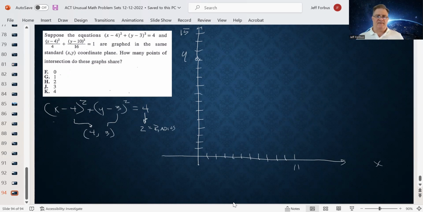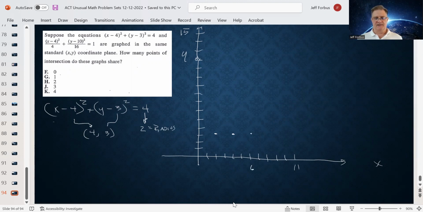Now we can graph our circle. So 4, 1, 2, 3, 4, and then go up 3. It'll be like right here. There's the center of the circle. You know the radius is 2. So we're over at 4, go away, 4 minus 2 is 2. So we would have part of the circle there. We know the radius is 2, so 4 plus 2 gives us over here to 6.